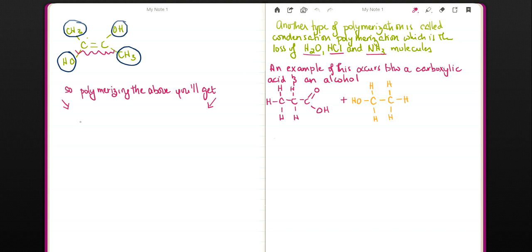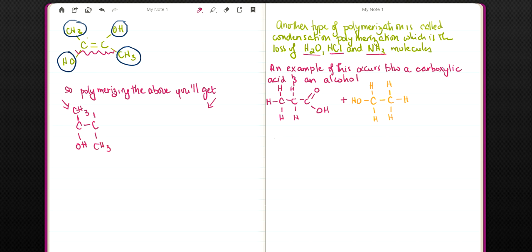So if I were to polymerize this and produce 3 units of it, of course you have your double bond breaking, opening up to make a single bond, and you would have CH3, right? And then you would have your OH, and then again we have CH3 here. Forgive me for writing on a slant.